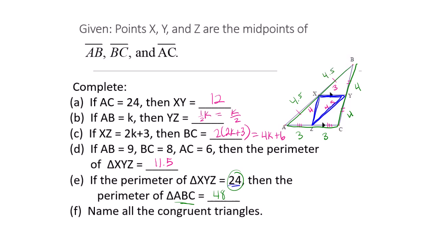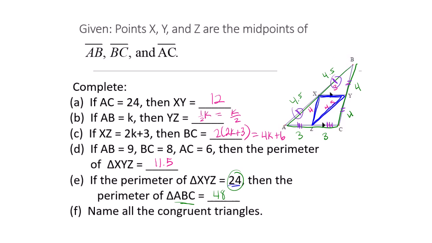Okay, so we can see that we already know that these are congruent, these are congruent, these are congruent, right? So let's just start with this triangle here. And we know that this is congruent with this, right? So let's do those two triangles.